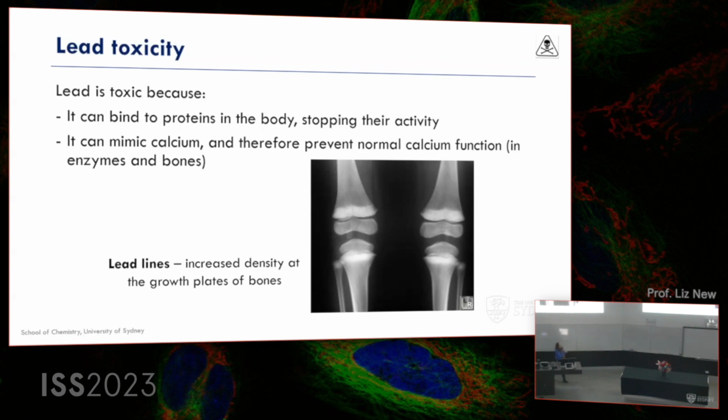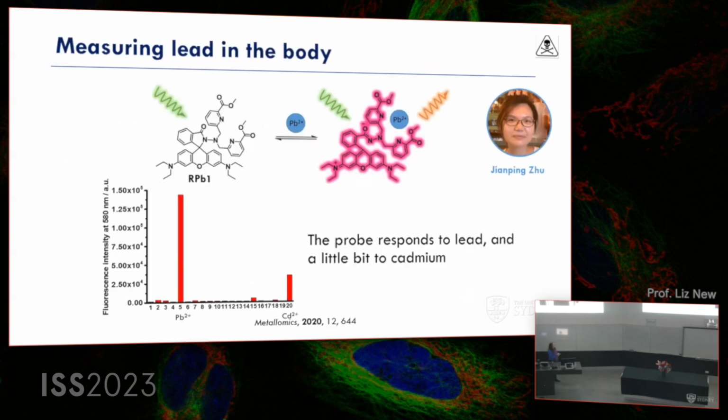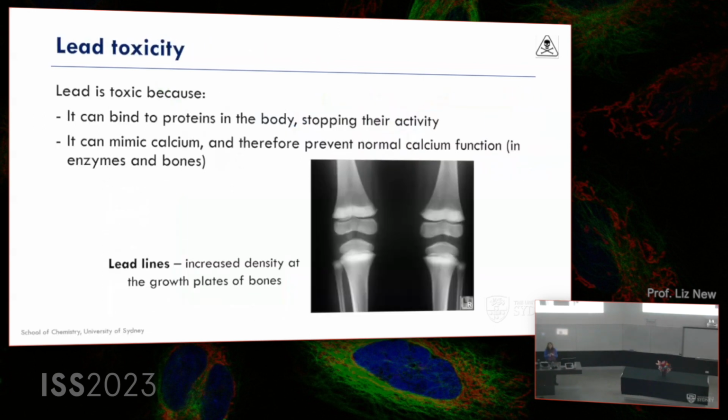So this is an X-ray of a patient who was exposed to a high level of lead early in life, and you can see that they've actually deposited lead in their bones rather than calcium. And because lead is heavier, it's more dense, and so that's why we get these white regions of greater density. And that's bad because then the bones are more brittle and they can break much more easily. So that's the reason lead is toxic.